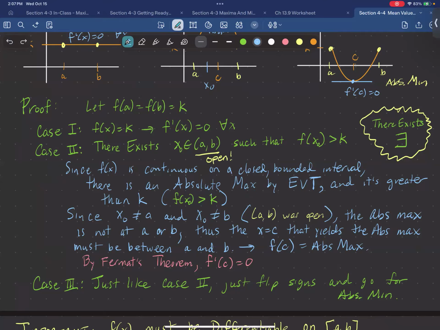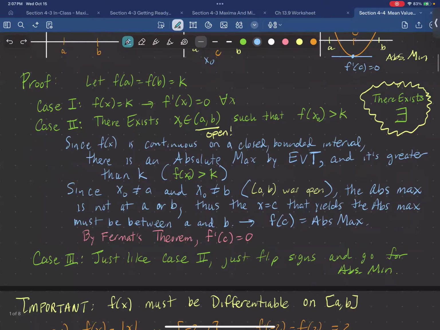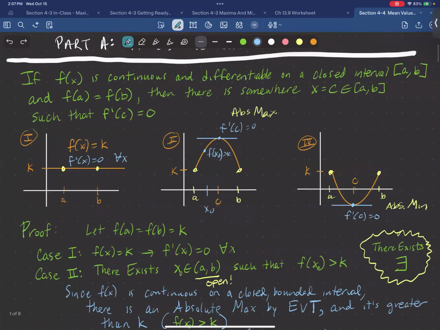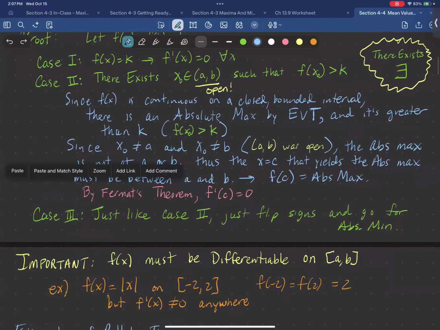It's the same statement. It is important that it has to be differentiable on (a, b). The differentiable part implies that it's continuous, so that means both of those. If it's not differentiable, it may not work. Like, for example, f of x equals absolute value of x. The derivative of f of x equals absolute value of x doesn't equal 0 anywhere, so it doesn't matter which interval I pick.